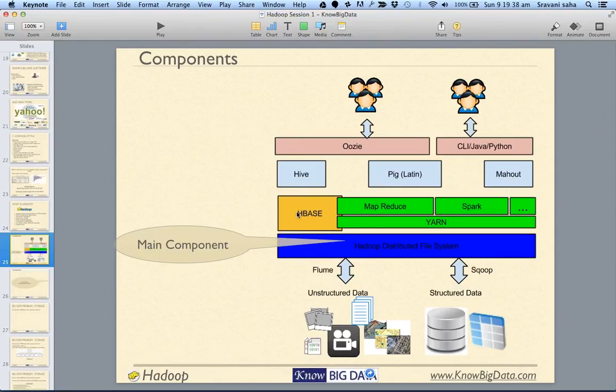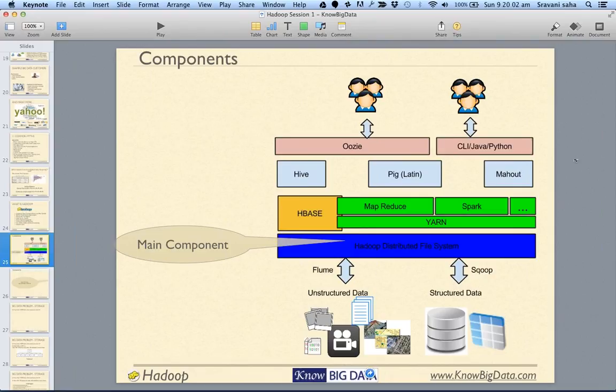So whether it is HBase or MapReduce, everybody is dependent on the file system. Flume and Sqoop are import export tools. Flume is for unstructured data and Sqoop is for structured data, while HBase stores billions of rows and billions of columns in a table and so on.